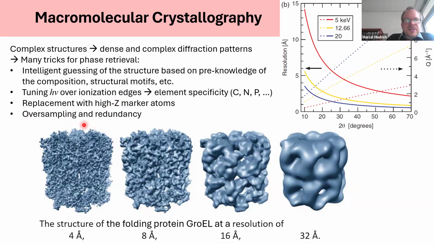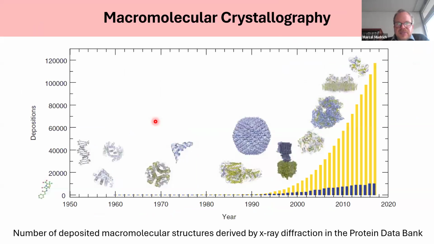What also always helps is to record many diffraction patterns of the same sample, so oversample, and produce redundant data. And then there are numerical procedures that can be applied to get the most information out of these scattering images.